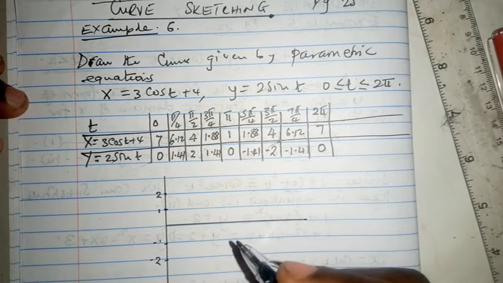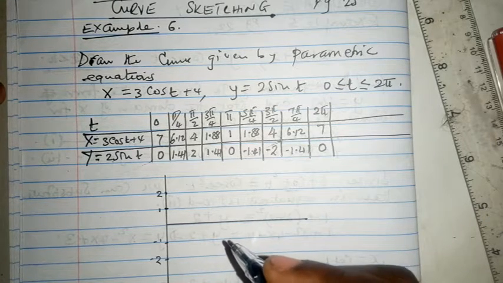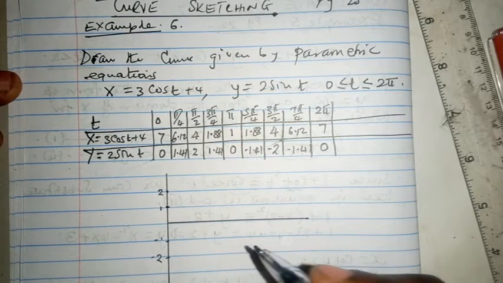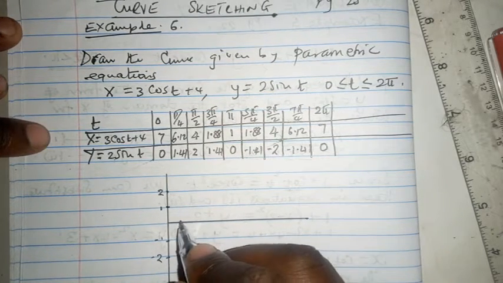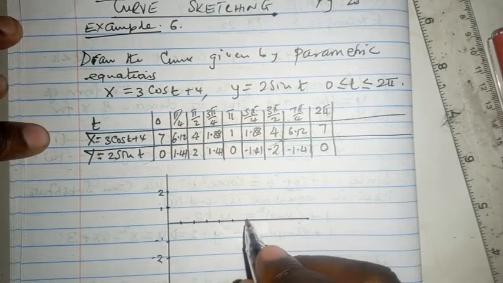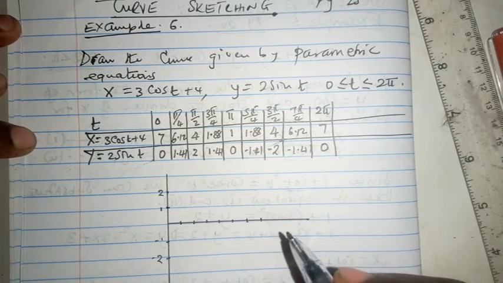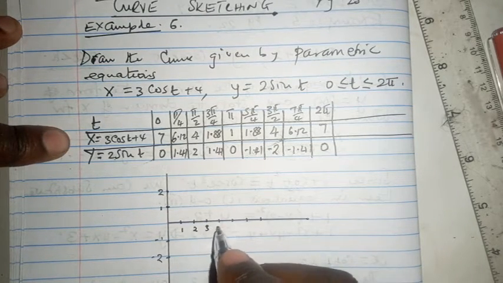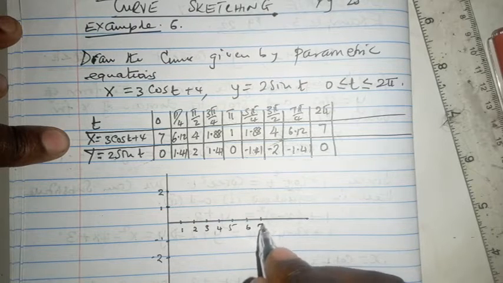The value of x is ranging from 0 all the way to, let's say, 7. So 1, 2, 3, 4, 5, 6, 7.